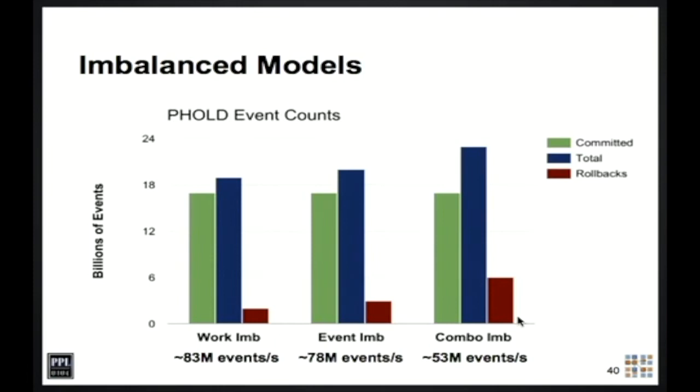And we see that even though they're executing basically the same number of committed events, here we're at 83 million events per second, whereas all the way over in combo, we're only executing at 53 million events per second. And in the case where we don't have any imbalance and we're still executing the 17 billion events, we're looking at around 105 million events per second. So this loss in event efficiency and all this extra work we're doing has a pretty significant effect on the time to solution here.